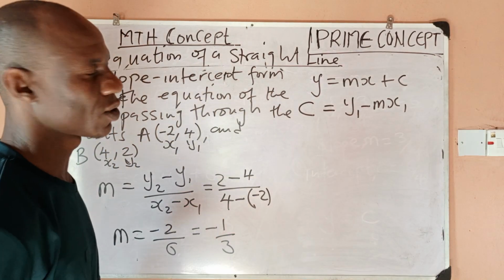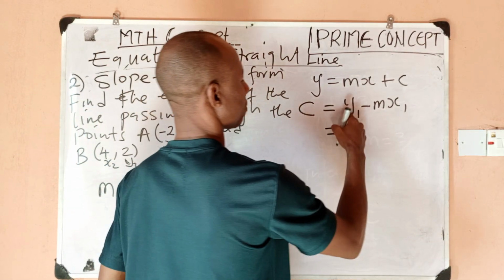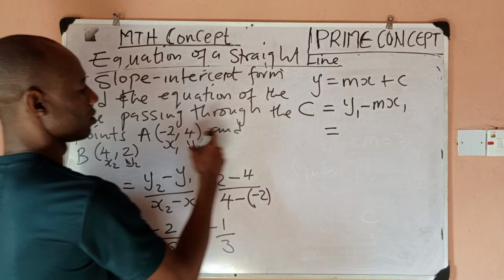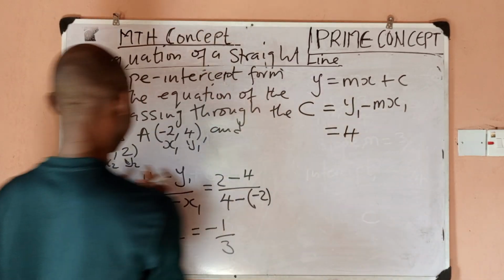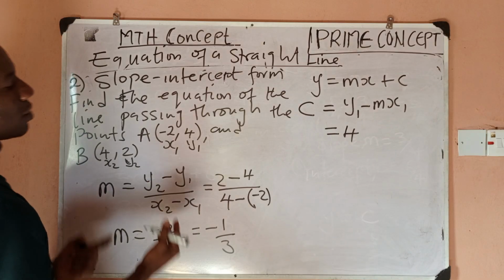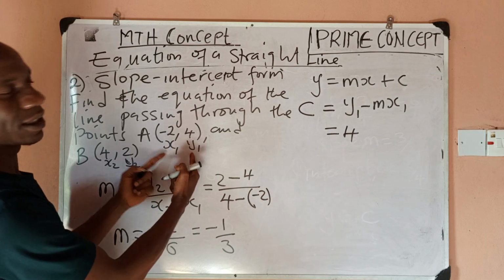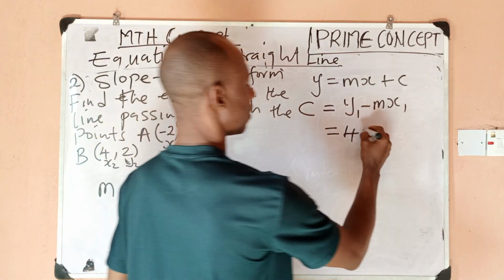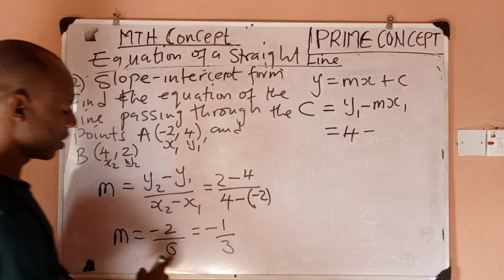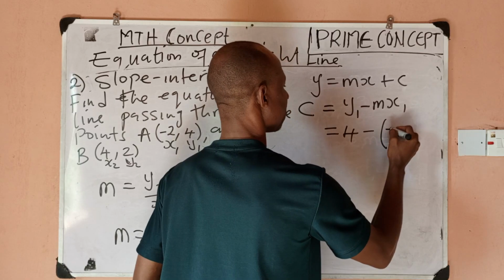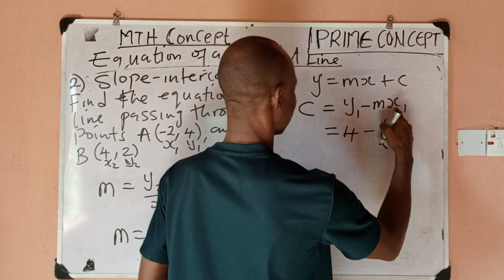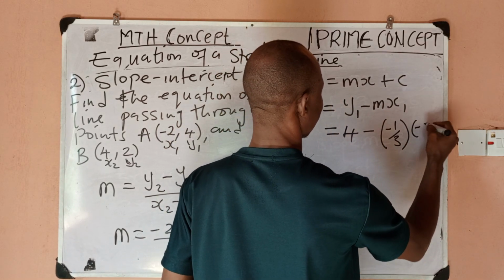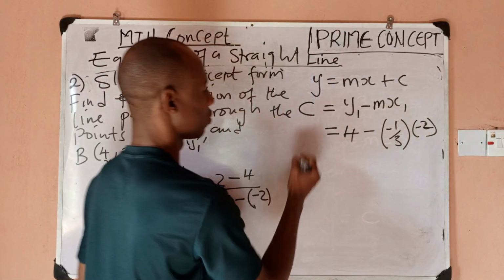So my y1 is going to be 4. Remember, I can still use the other coordinate, it will give me the same result, but I just want to maintain, since I've called it y1, x1, let me use it so that I won't confuse you. So minus my slope. What is my slope? Minus 1 divided by 3. Then my x1 is minus 2.